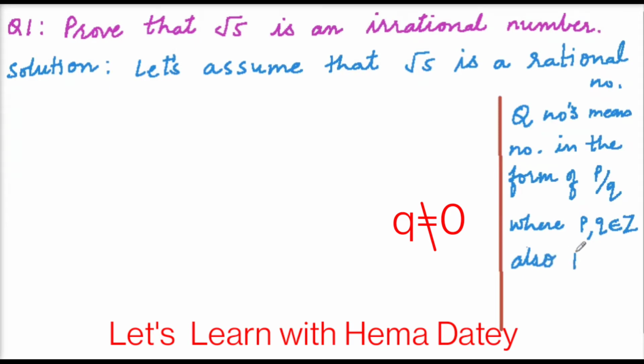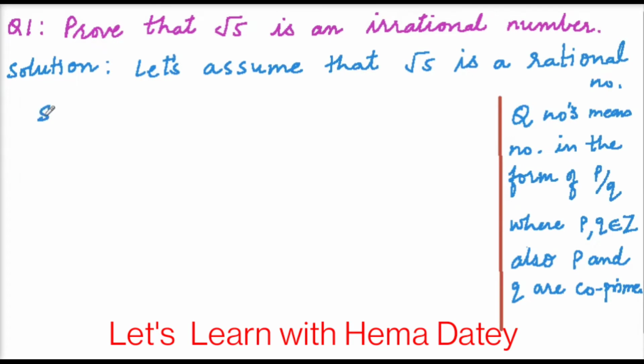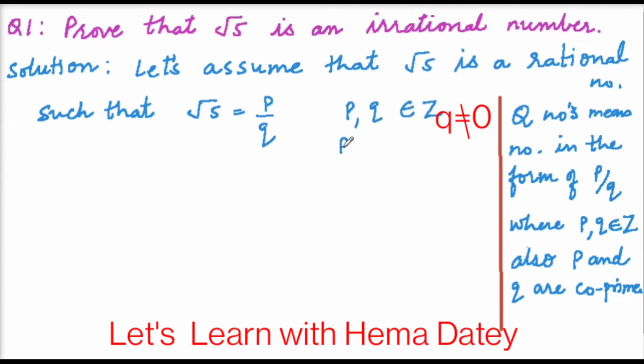Also, p and q are co-prime numbers, meaning they do not have a common factor other than 1. Now, if root 5 is a rational number, then we can write root 5 equals p by q, where p and q belong to integers and q is not equal to 0, and p and q are co-prime numbers.